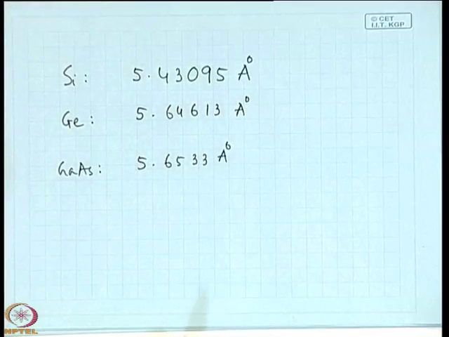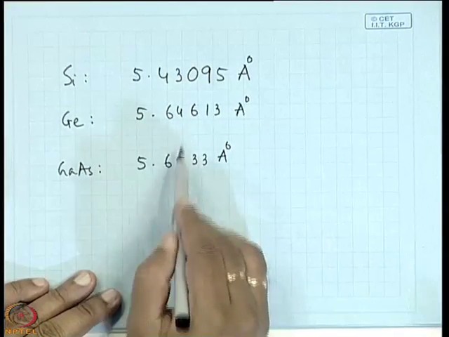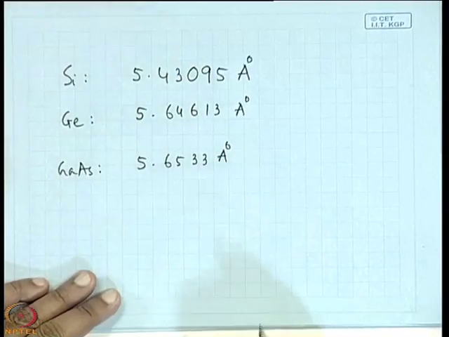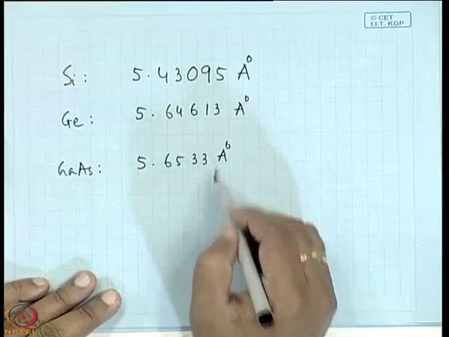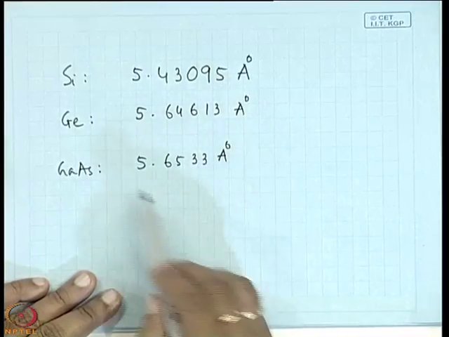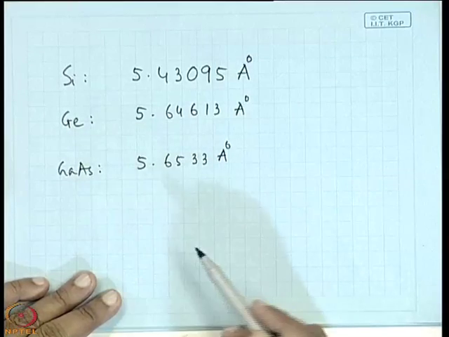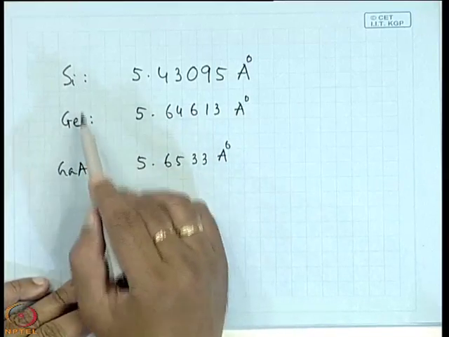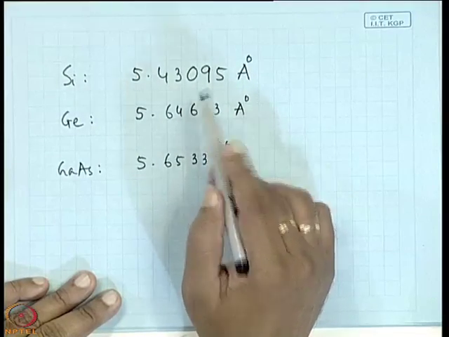So, what you find is that the lattice constants of germanium and gallium arsenide are almost the same. So, that means mismatch is less in the case of germanium on gallium arsenide or gallium arsenide on germanium. But if you think of silicon and germanium, the mismatch is comparatively high.